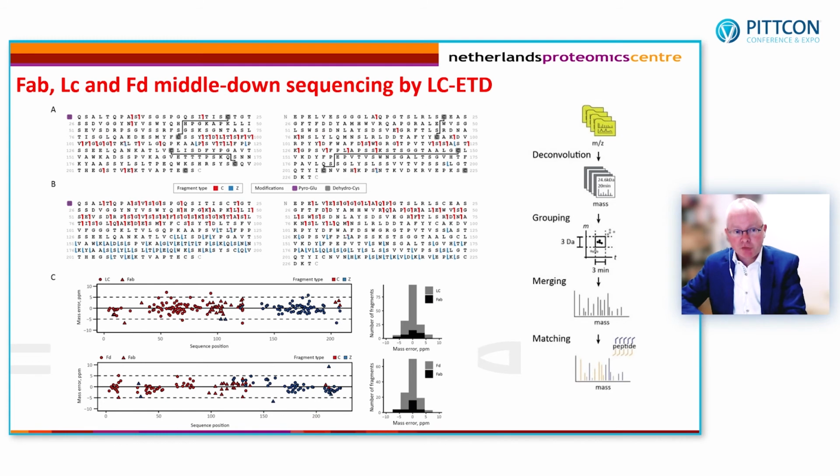Now, if you have then this sequence, you still have to prove that this sequence that you derived from the mass spectrometry data is correct. But then here you see some more data of how we annotated this sequence. And you always see that with top-down on different parts, you never get full sequence, you always get sequence of different regions. So you really need all the data together to get the full sequence.